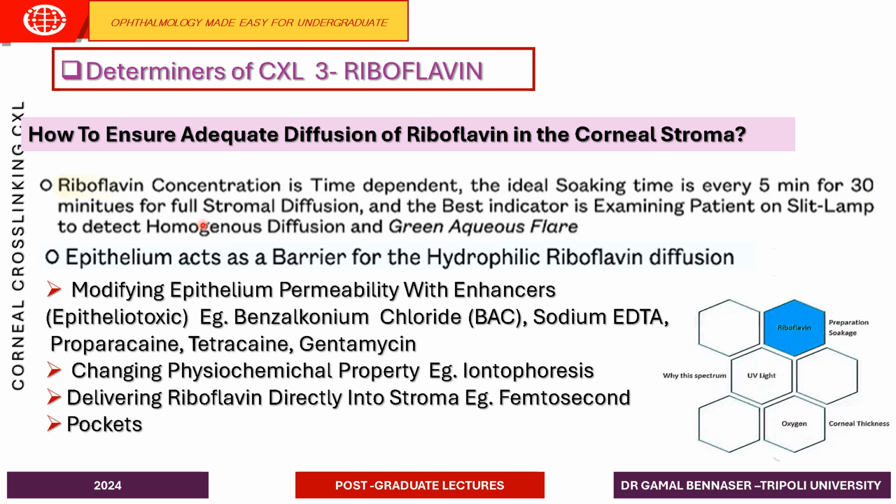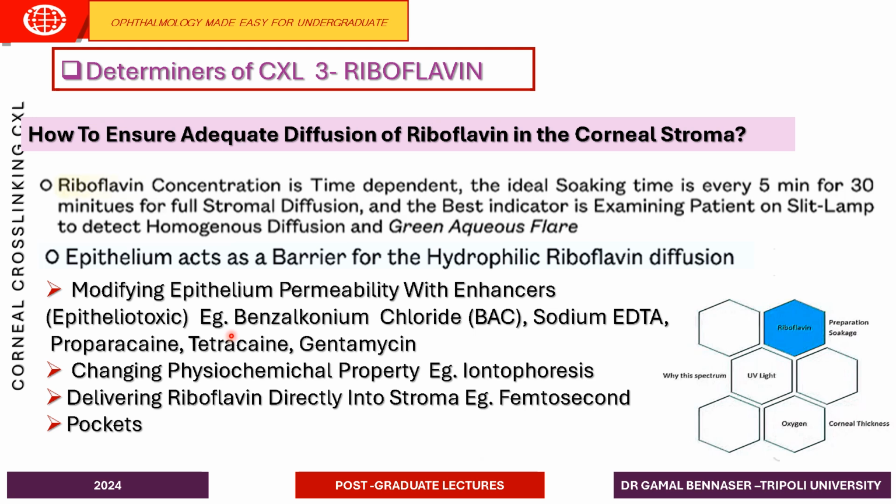So how do we ensure adequate concentration or diffusion of riboflavin inside the cornea? There are different ways. Most researchers, doctors and companies work on this to improve the concentration inside the cornea. The most common one is modifying the epithelial permeability by adding an enhancer, or what's known as epitheliotoxic agents, that loosen the tight junctions between the epithelial cells and permit more perfusion of riboflavin into the cornea.